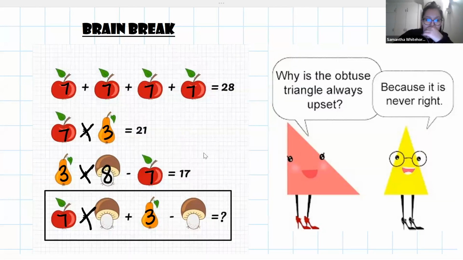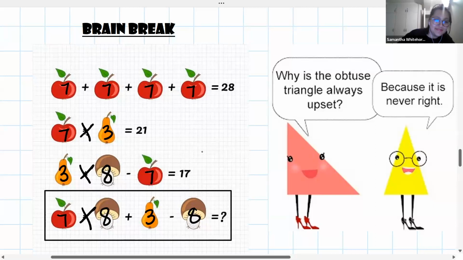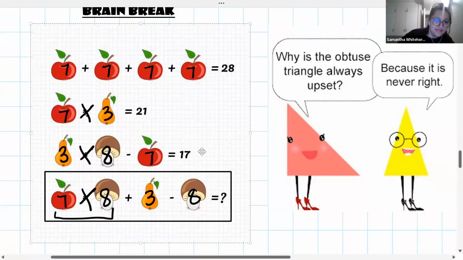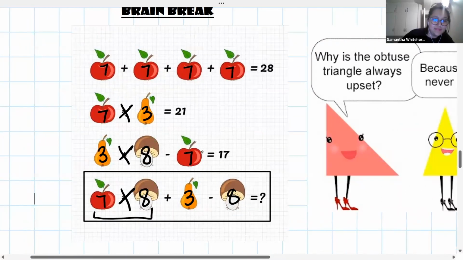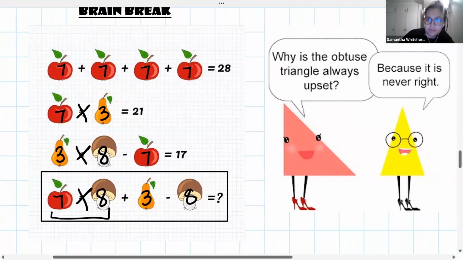So here I used BODMAS. I thought of using multiplication, which is 7 times 8, which gives 56.